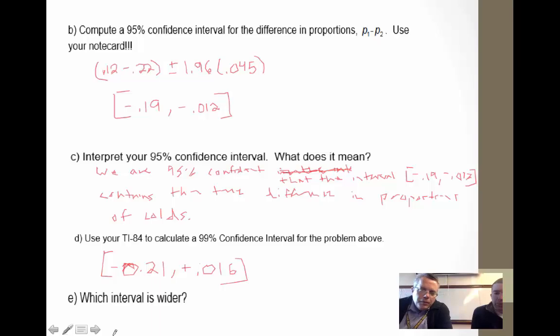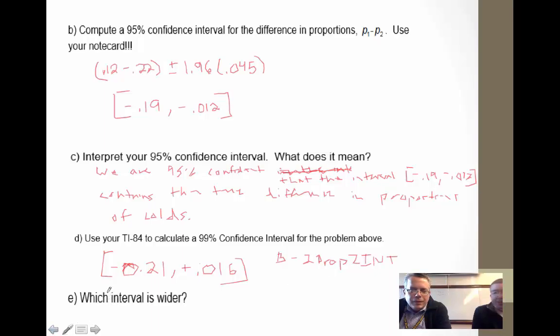So maybe real quick, let's just write it out: 2-PropZInt. This is test B, or under B in the list, 2-PropZInt.